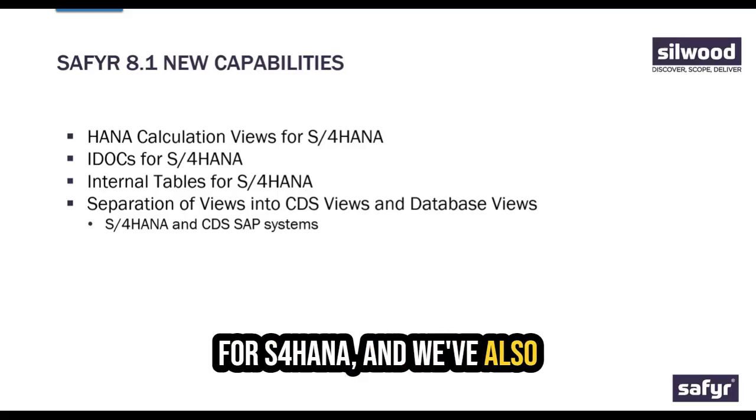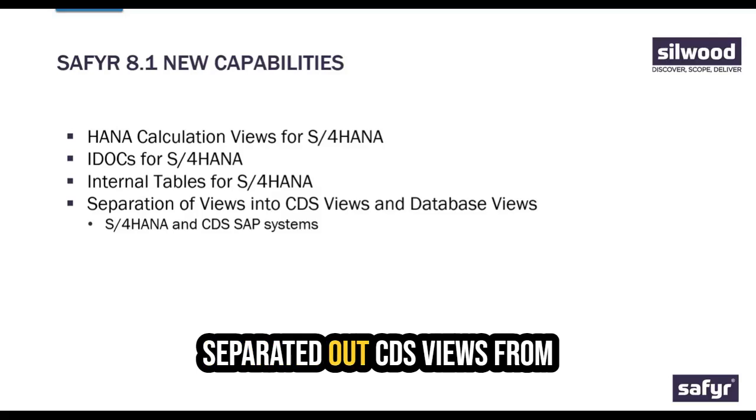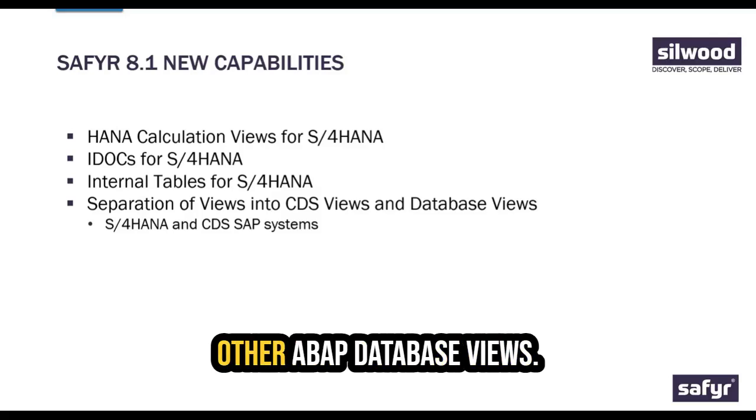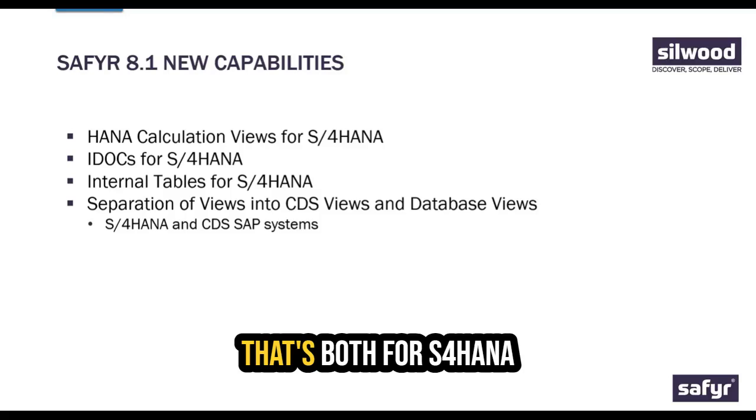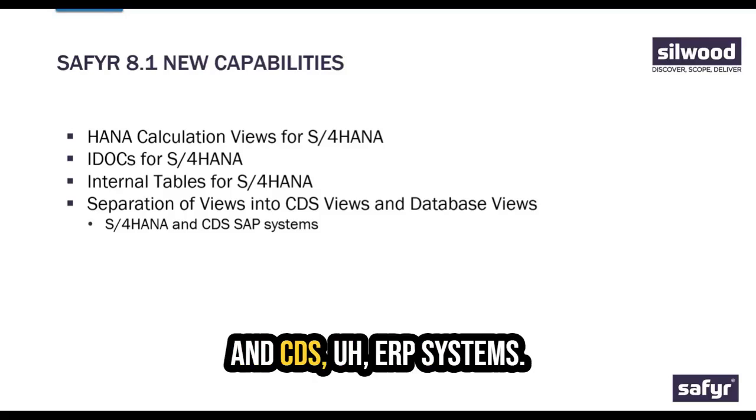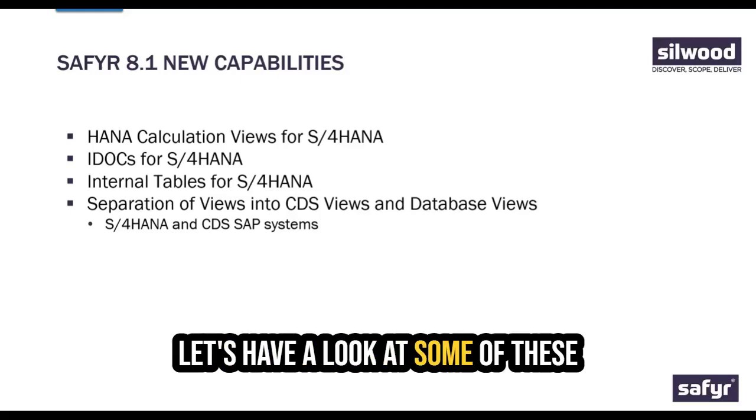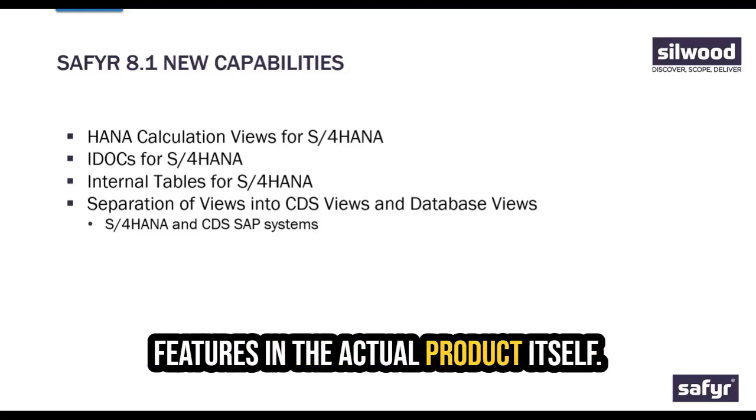And we've also separated out CDS views from other ABAP database views. That's both for S/4HANA and CDS ERP systems. Let's have a look at some of these features in the actual product itself.